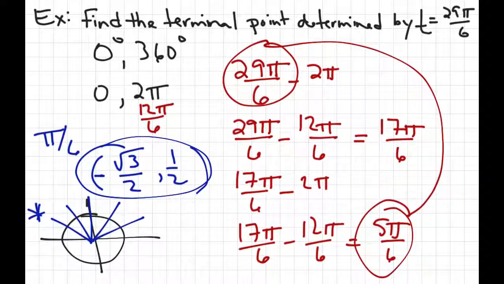The nice thing about radians is the denominator is going to tell you the reference angle. So I knew the reference angle had to be pi over 6. That means that the answer had to be square root of 3 over 2, 1/2, but something is probably negative. So the last thing I did was determine what quadrant 5 pi over 6 was in. When I figured out it was in quadrant 2, I determined that x had to be negative. And that's how I found my answer.